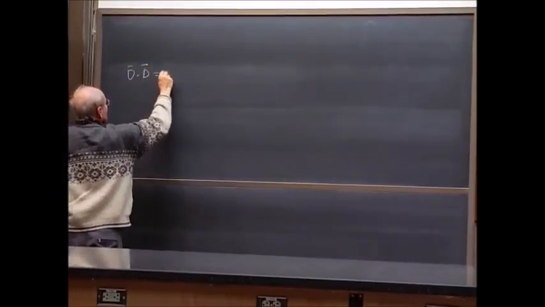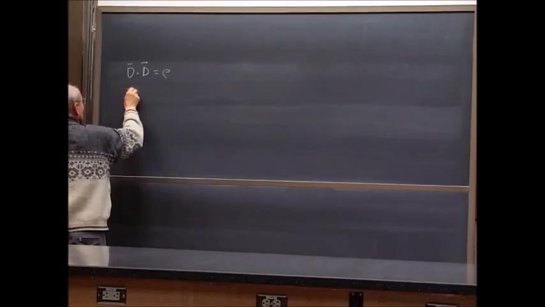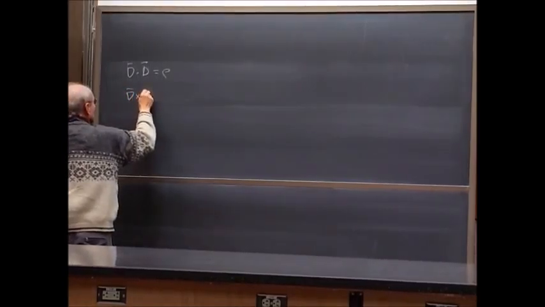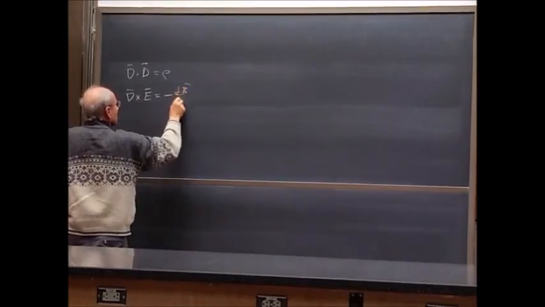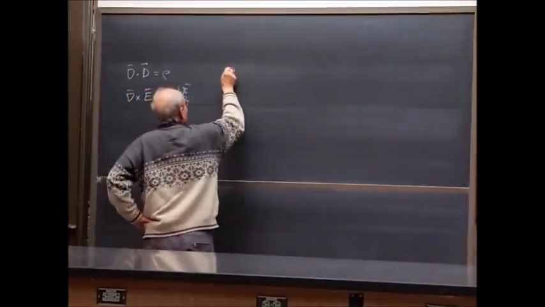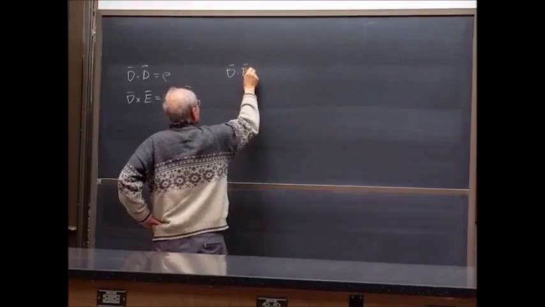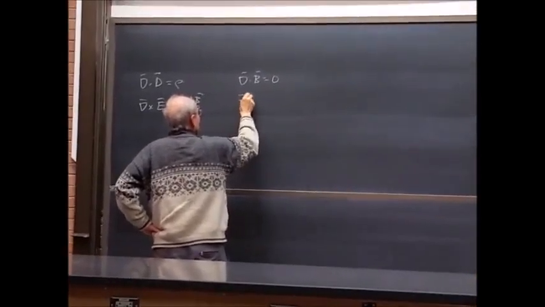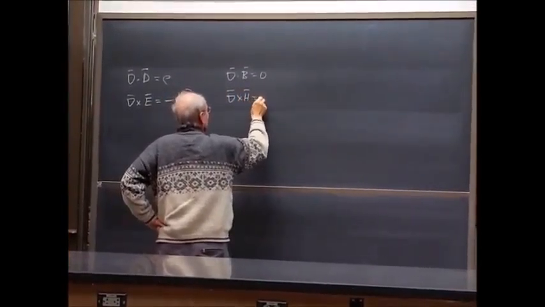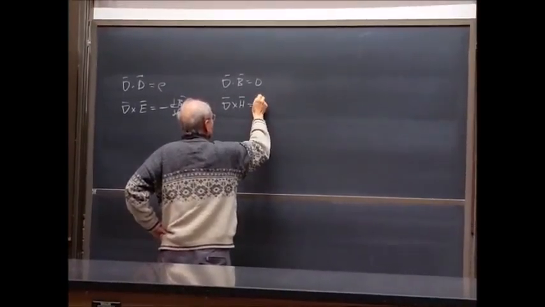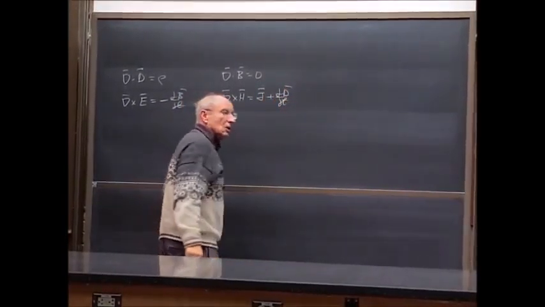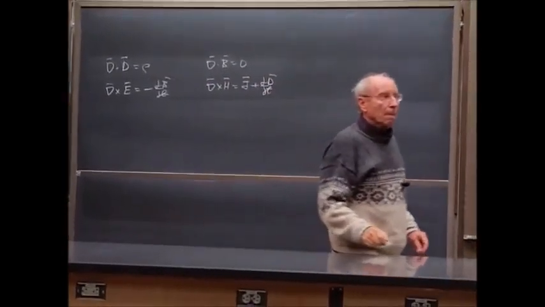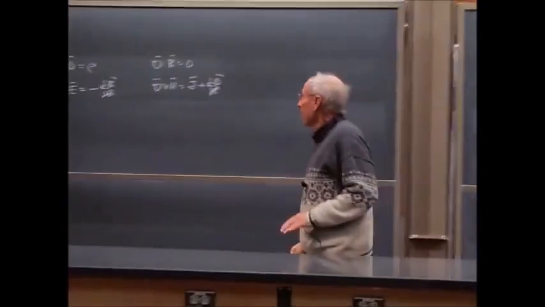Divergence of D was equal to rho. The curl of E was equal to minus the partial of B with respect to T. The divergence of B was equal to 0, and the curl of H was equal to J plus the partial of D with respect to T. Okay?